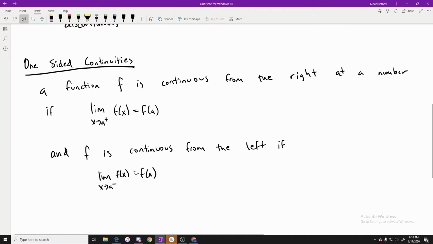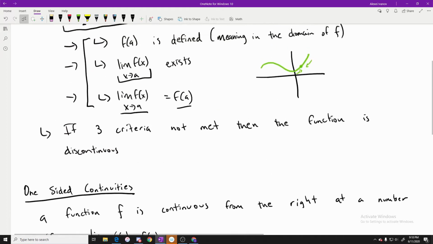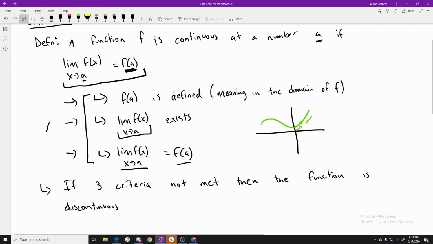So now moving on to one-sided continuities, it's very similar to the concept of continuity itself. However, we're dealing with continuity from only one side of the function. If you remember back up here at this criteria right here, I said that because we're ensuring that this limit exists, that means as we come from the left side and the right side of this a value, we're approaching the same value.